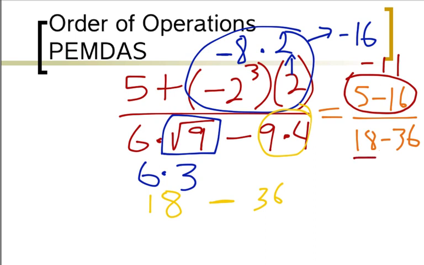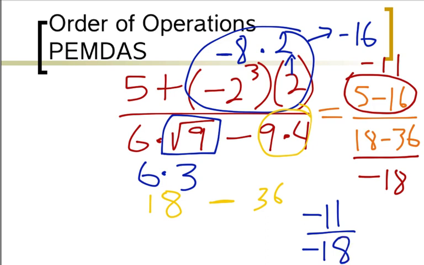And then 18 minus 36 should give me negative 18 on the bottom. So the top is negative 11. The bottom is negative 18. Now, we can't simplify 11 and 18, but they're both negative, so I should go ahead and divide those negatives, and it turns into a positive 11 over 18 as the final answer.